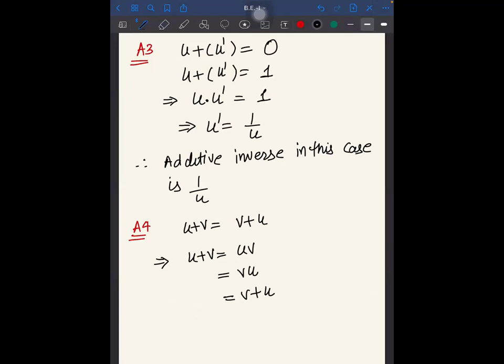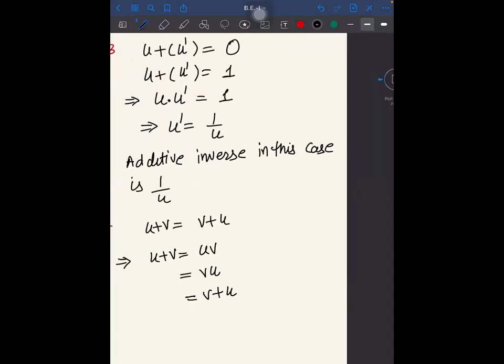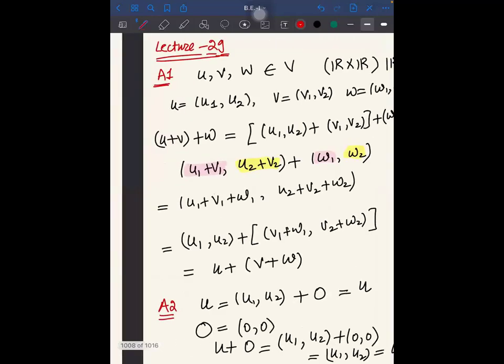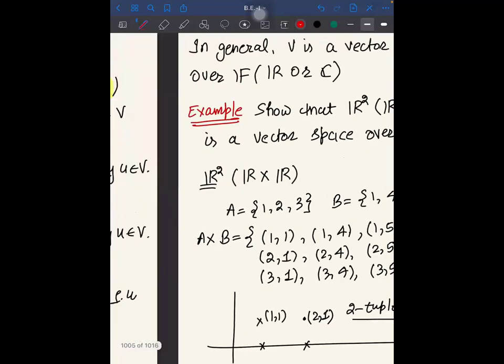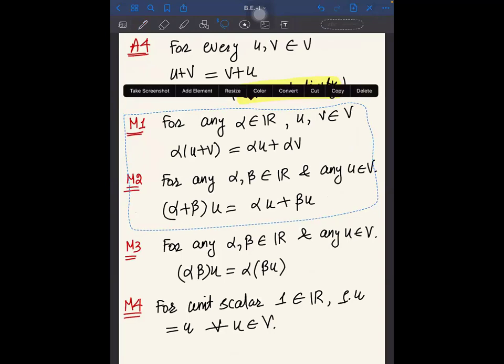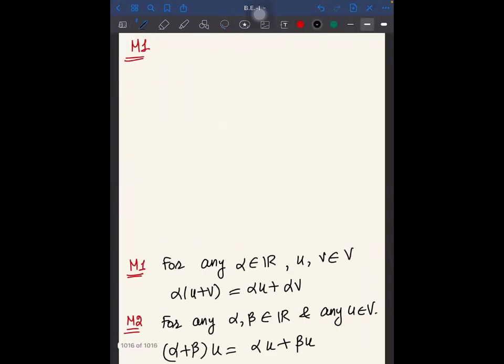So let's get back to the multiplication properties. Now be careful that we're going to use the multiplication properties, and we'll use the revised definition. So these are your first two properties. Now look into this, M1. You want to prove that alpha times (u plus v) should be equal to alpha u plus alpha v.